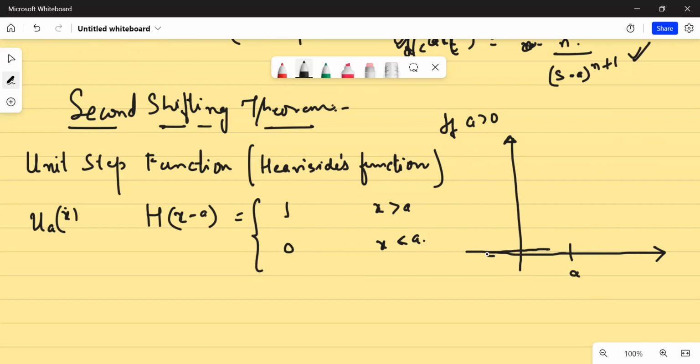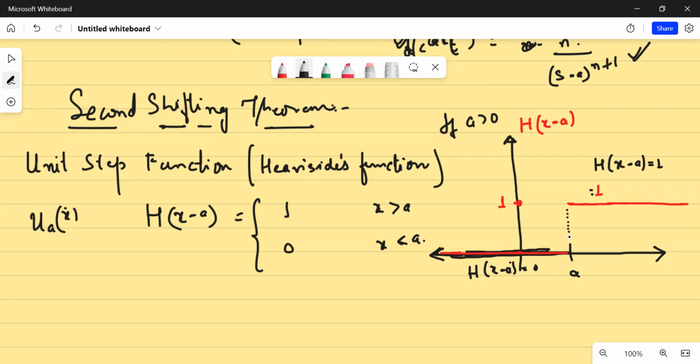For all x less than a, your function is 0, and for all x greater than a, your function will assume unity, that is 1. So this is how your unit step function looks like.